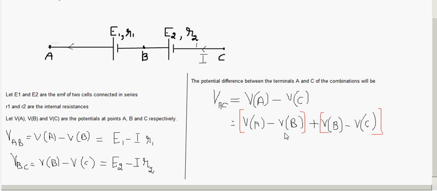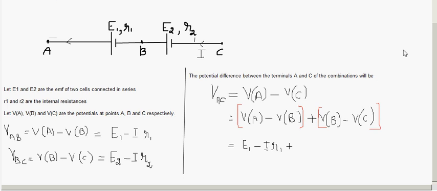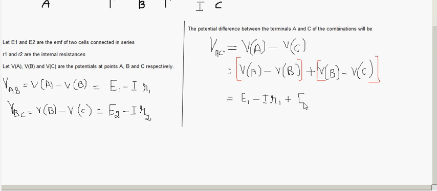VA minus VB is nothing but E1 minus I into R1, plus VB minus VC equal to E2 minus I into R2, which is equal to E1 plus E2 minus I into R1 plus R2.